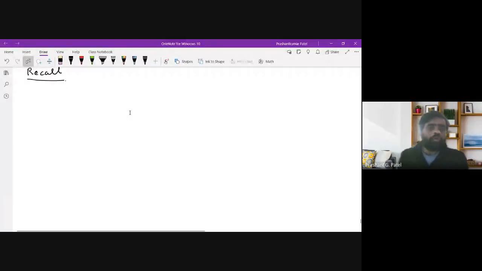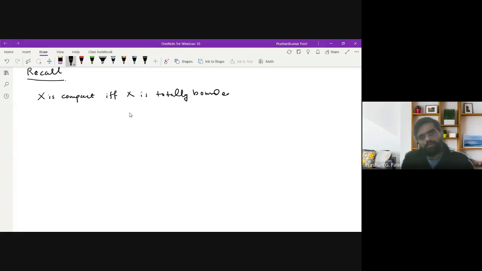So let us recall what we did in the previous lecture. In the previous lecture, we have discussed regarding the compact metric space. We have discussed the following results. So X is compact if and only if X is totally bounded plus complete.